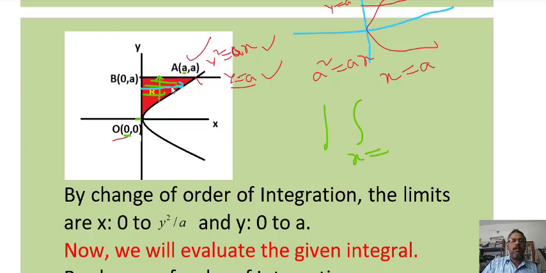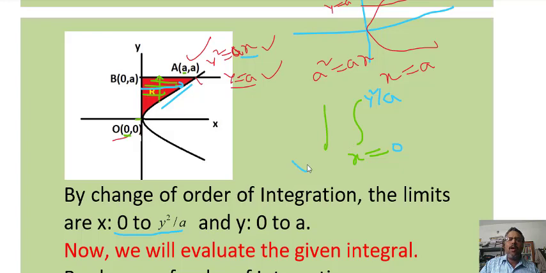If you draw a line along the x-axis in this region, x goes from 0 to this curve. This curve is, from this equation, x equals y squared by a. So the x limits are 0 to y squared by a.